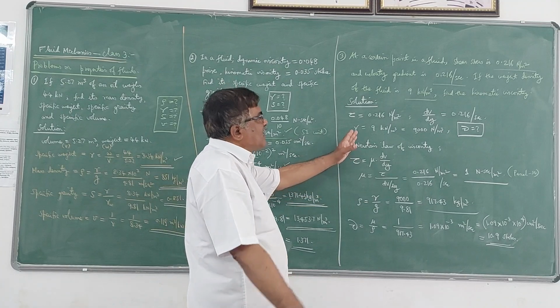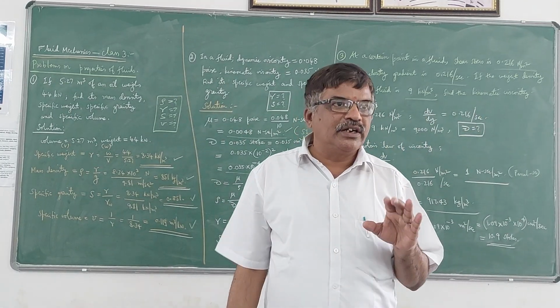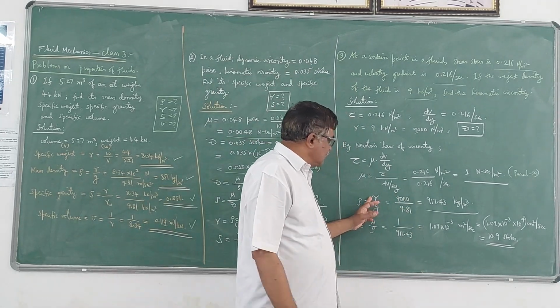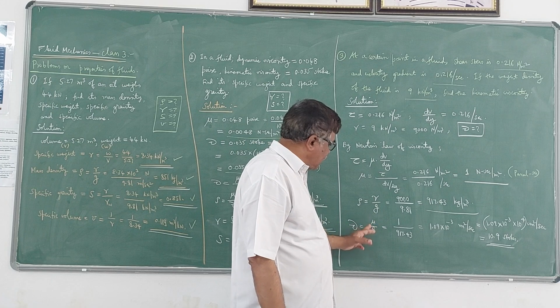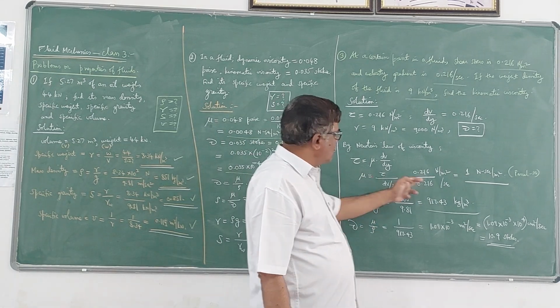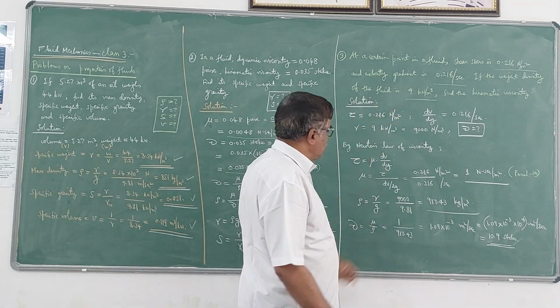So directly we cannot find out the kinematic viscosity. First we find the dynamic viscosity, then we have to divide that value by rho. Now once you get the mu value, the specific weight value he has given is 9 kilonewton per meter cube.